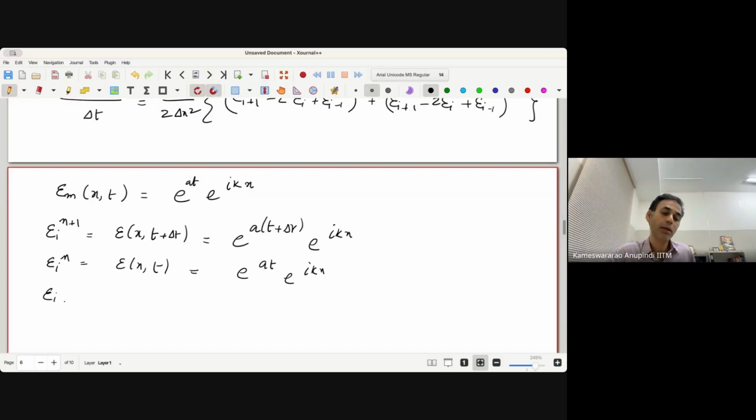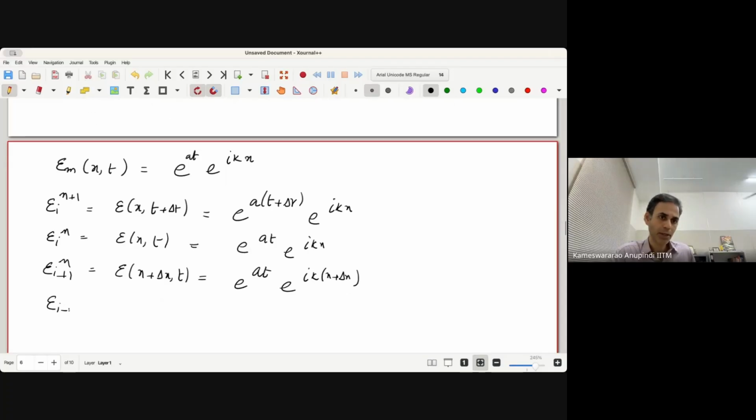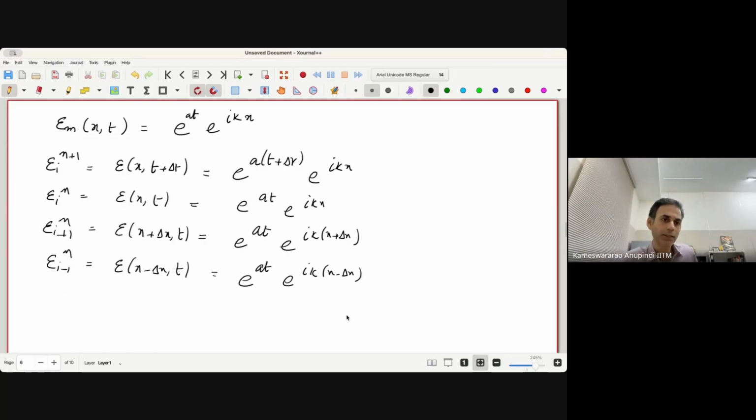Then we would need epsilon_(i+1) at n. This is x plus delta x comma t, which is e to the power at, e to the power ik(x plus delta x). Then epsilon_(i-1) at n equals x minus delta x comma t, which is e to the power at, e to the power ik(x minus delta x).